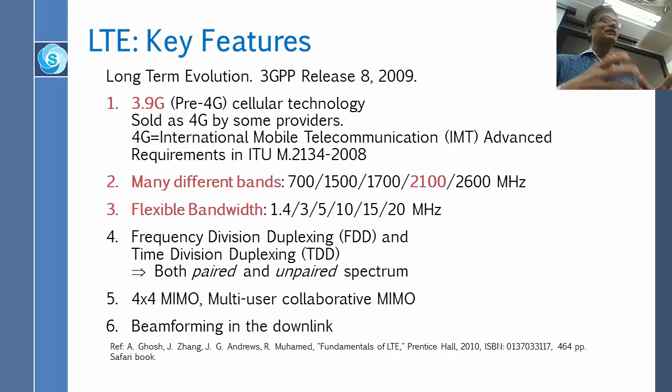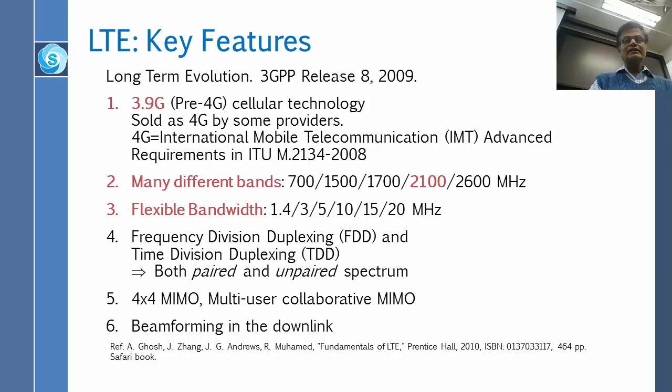And it is 3.9G because it is not 4G. This is called a pre-4G technology. But some carriers sell it as 4G.